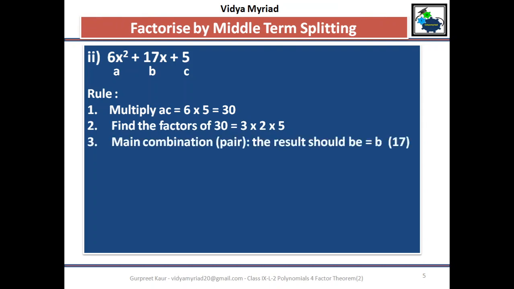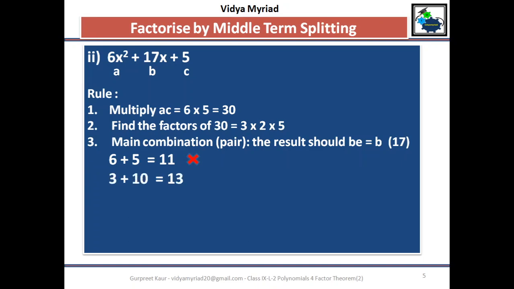Now I will make the pair in such a manner that I should get 17 as my answer. Let me try making it. In the first case, I have made 6 plus 5. How? 3 into 2 is 6, and 6 plus 5 gives 11. But that is wrong, I don't want this. This is a wrong combination.